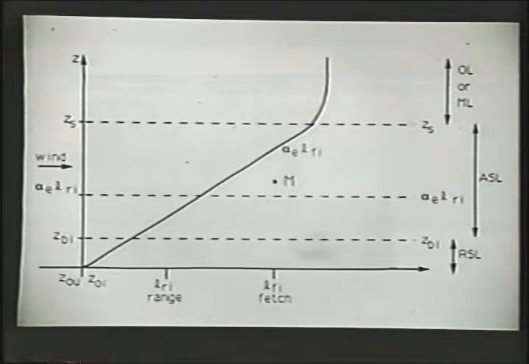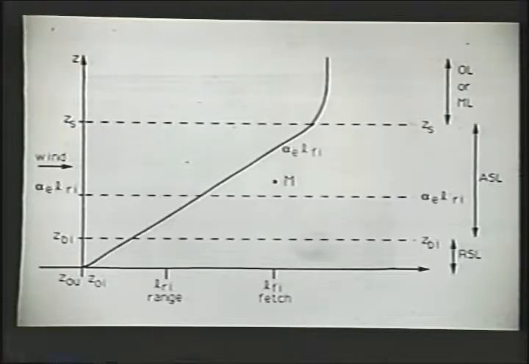This zone is the zone within which you can use similarity schemes developed for uniform surfaces with impunity, and within which they are robust.